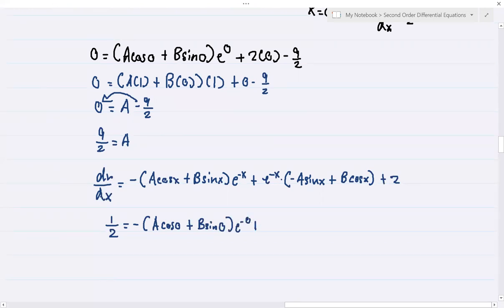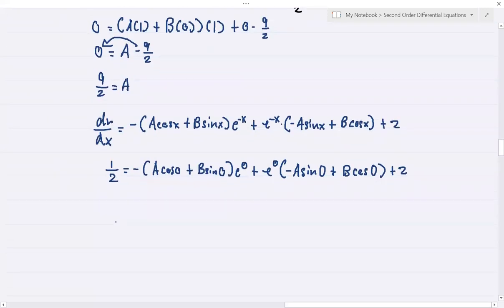Or basically, it's still 0 because negative times 0 is still 0. Plus e raised to negative 0, or once again, it is still considered as 0. Times quantity, negative a times sine 0. Plus b times cosine of 0 plus 2. Okay?